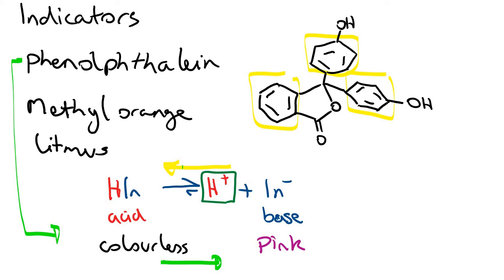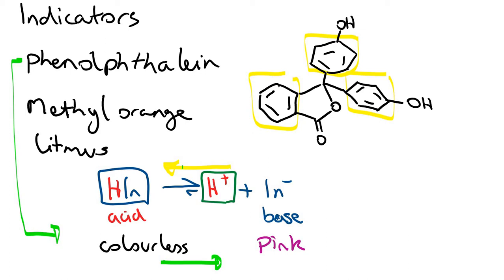Now, because all of these indicators that I've mentioned here have different parts to them, they will dissociate to a different extent. So therefore, they will change colour at a different pH because they've got a different acid dissociation constant.